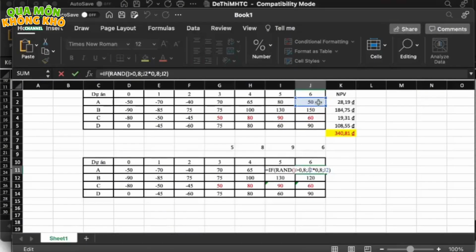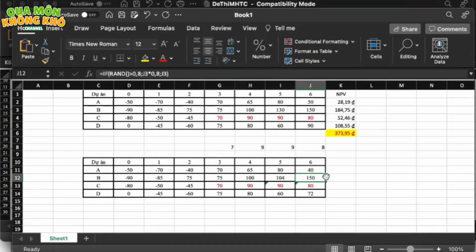It's just this number multiplied by 0.8. And if the logical test is incorrect, we just keep this cash flow.